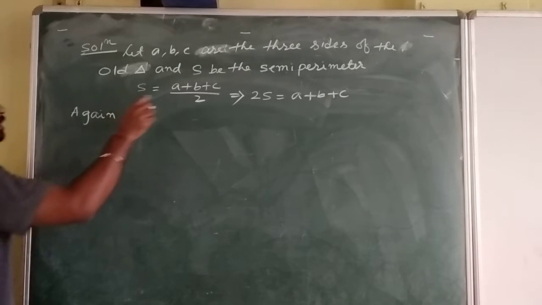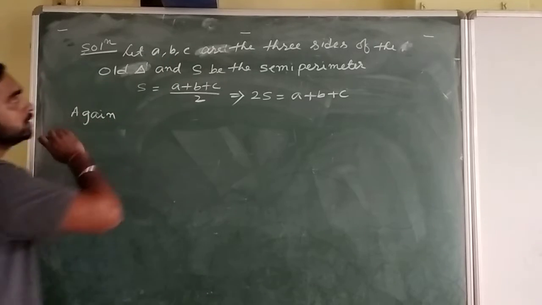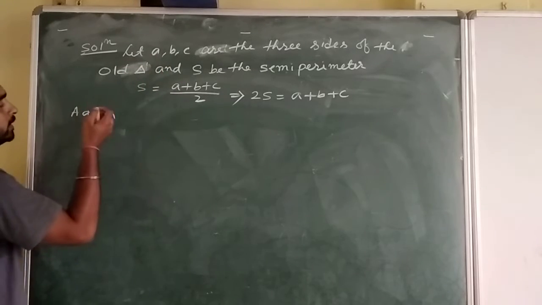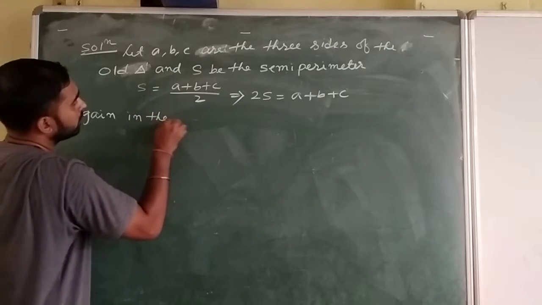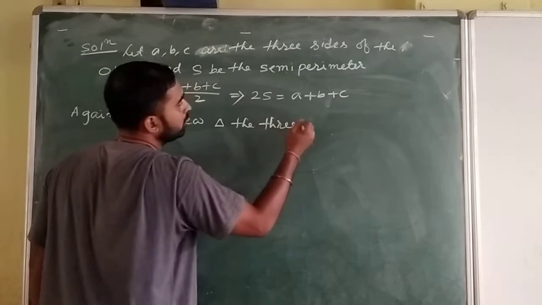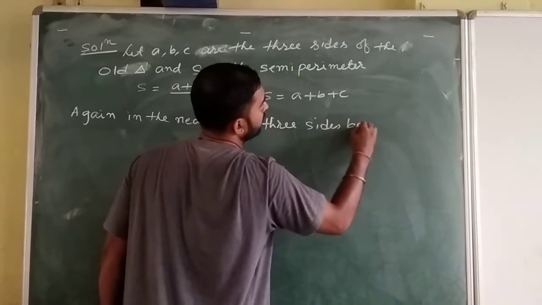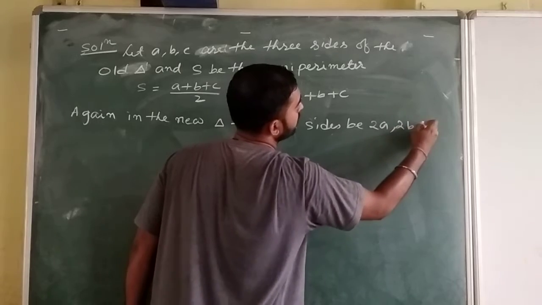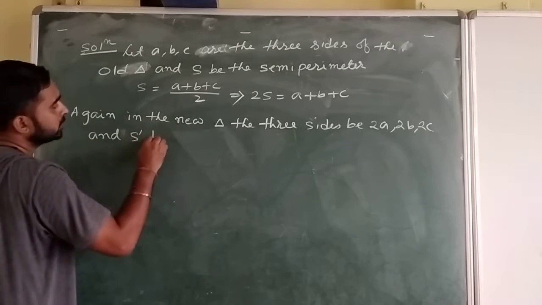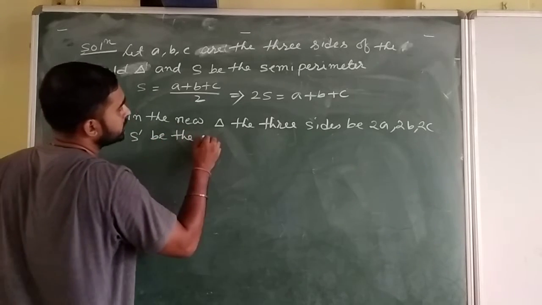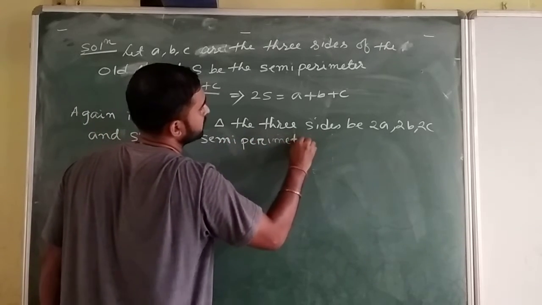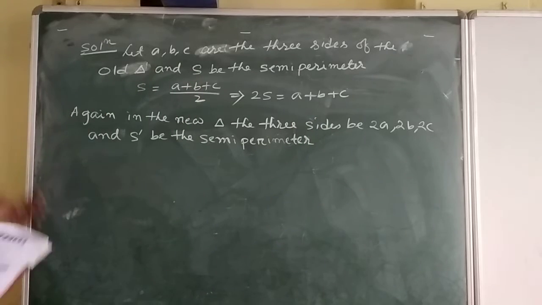If the sides are double, in the first triangle the sides are A, B, C. So in the new triangle the sides become twice A, twice B, and twice C, and S dash be the semi-perimeter.